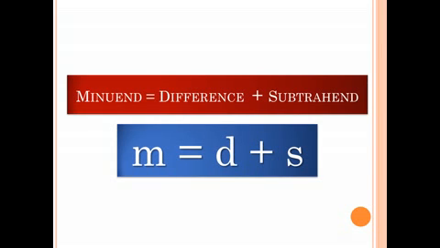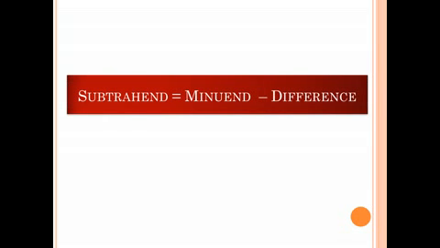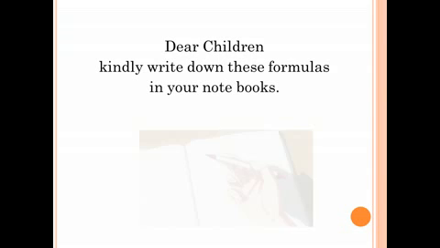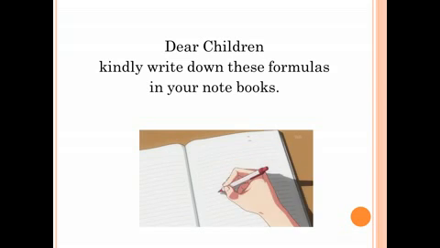When you have to find minuend, you have to add difference plus subtrahend. Next is, subtrahend is equal to minuend minus difference. That is, when you have to find subtrahend, we have to subtract minuend minus difference. Children, kindly write down these formulas in your notebooks.